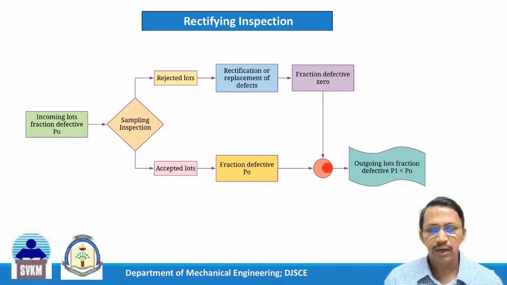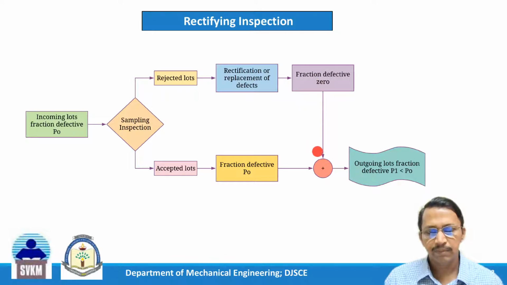They will mix together, and the average outgoing quality, that is the outgoing fraction defective, will be P1, which will be less than the incoming fraction defective. Why? Because of the 100% inspection of the rejected lots, and rectification and replacement has been done.